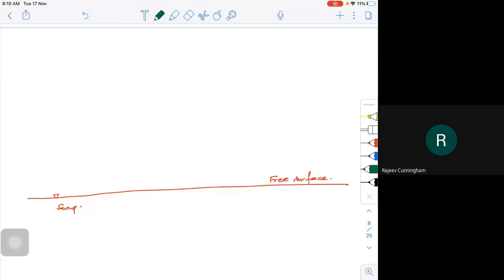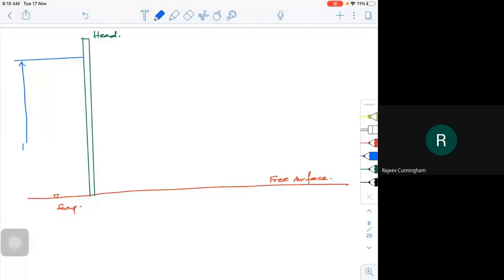If I try to put the head on this, let me show you. This is my head, I'll show it as a vertical thing. The maximum possible is your atmospheric head, which I call HA. Ideally speaking, this is your maximum suction lift.